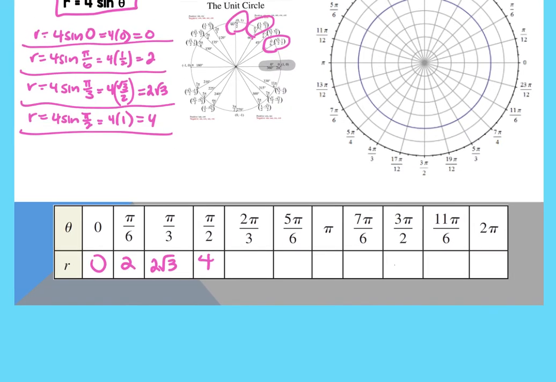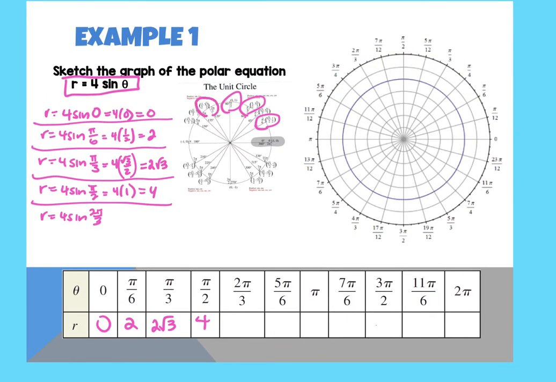And then I keep going. r equals 4 sine 2 pi over 3. At 2 pi over 3, my sine is root 3 over 2. At 5 pi over 6, my sine is 1/2.